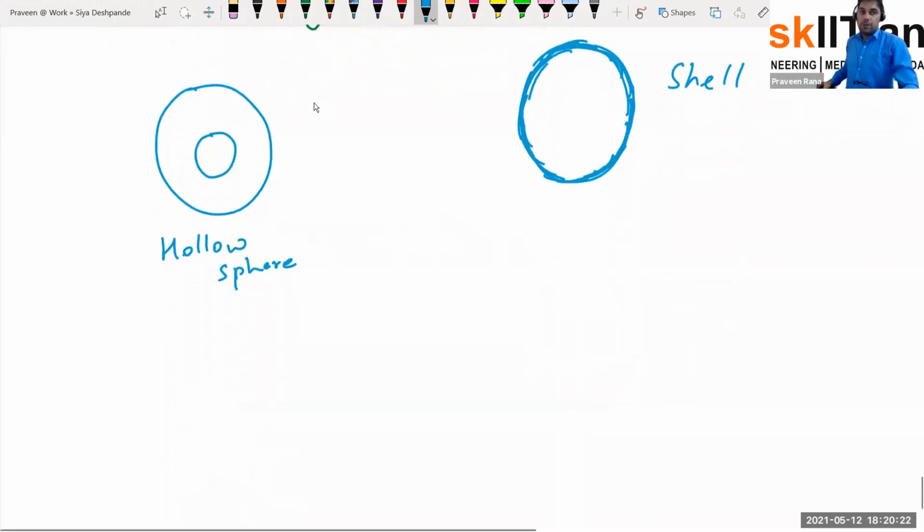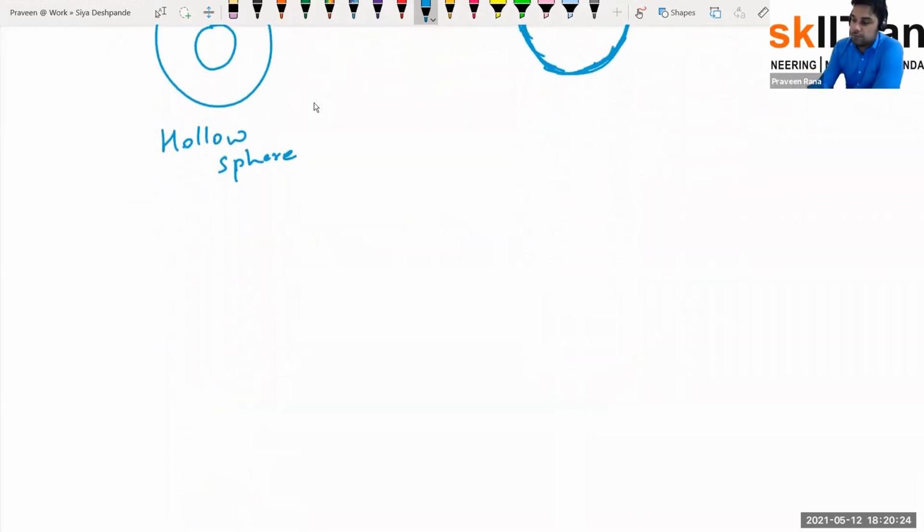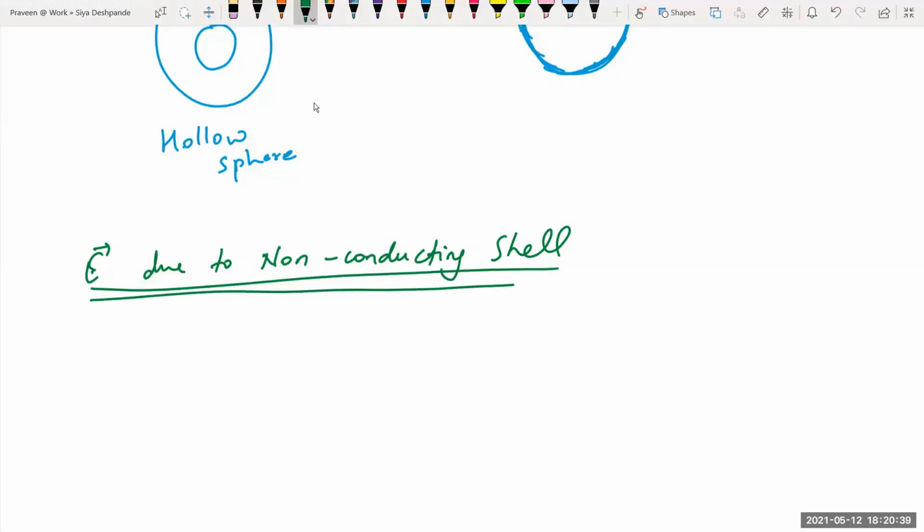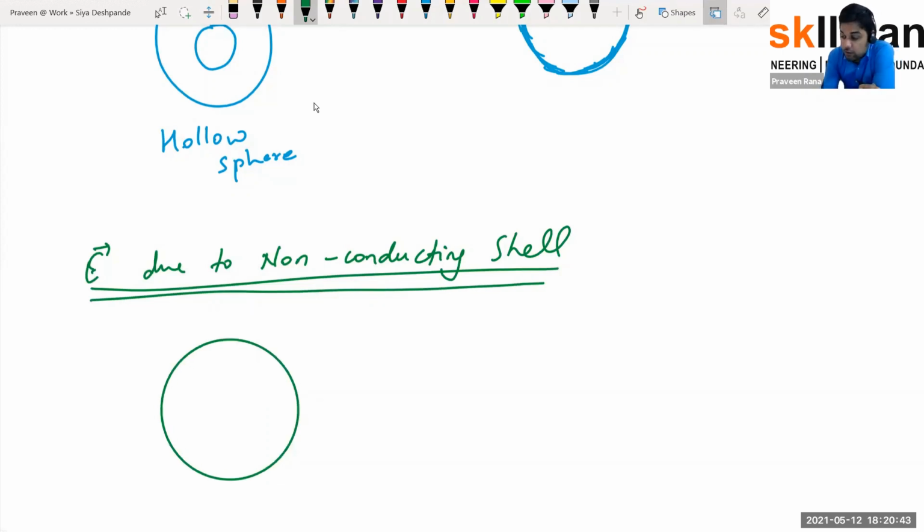So now, why did we discuss this term? Because it will be in syllabus. You will be asked electric field due to a non-conducting shell. So now, instead of a conducting sphere, we have a non-conducting sphere, which is a shell of radius r.